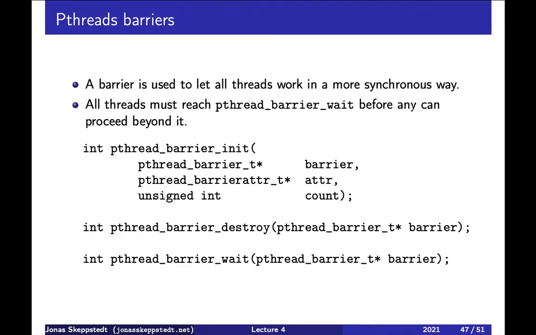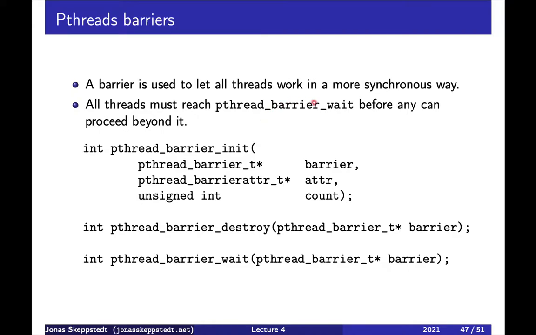Okay, another primitive for synchronization is barriers. A barrier here is different from a so-called memory barrier that you may have heard of before, which is used for low-level synchronization, and we will come to that later.